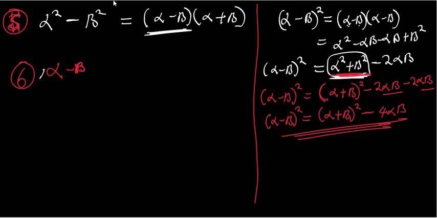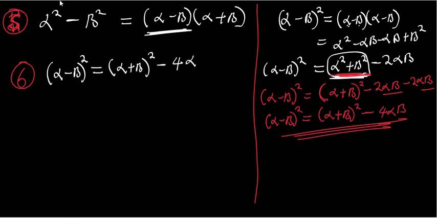So in short, let me write the 2. Let me just remove this one here. In short, the identity of alpha minus beta squared is equal to alpha plus beta squared minus 4 alpha beta. How about the identity of alpha minus beta?